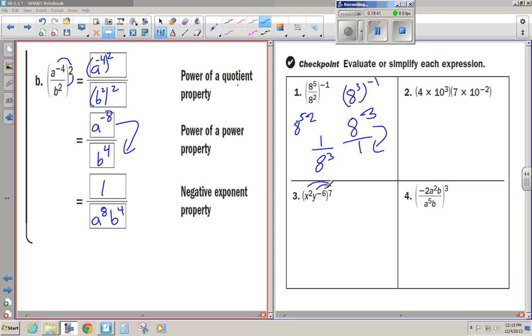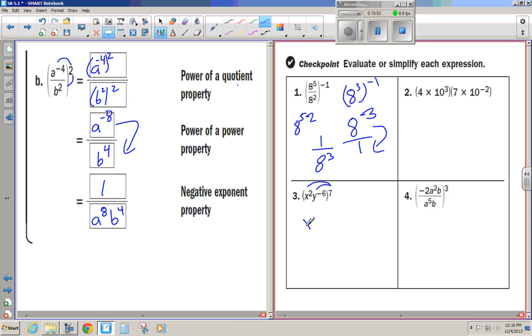All right, and when you distribute, I'm going to assume that we can do some of the steps in our head. So when you distribute the 7, it becomes x squared to the 7th, which is x to the 14th.